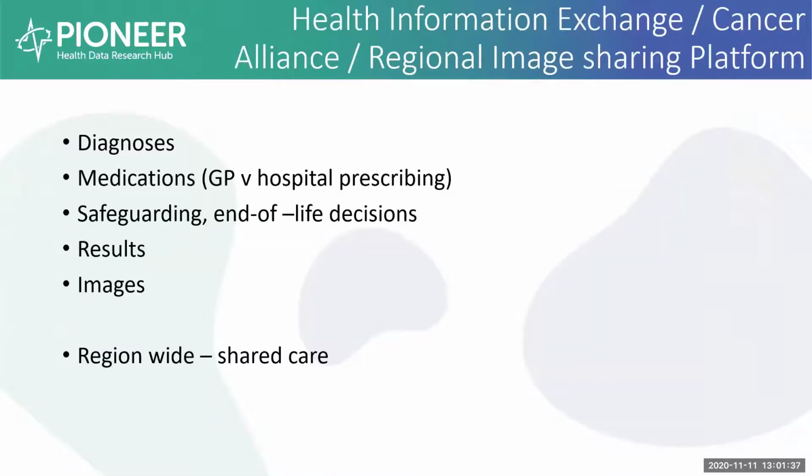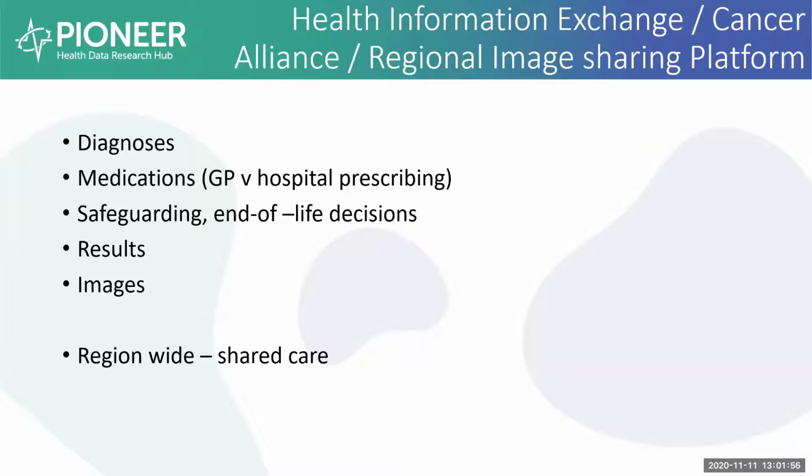And now we are collaborating at the moment on the Health Information Exchange, which is actually one of the most exciting new developments, along with the Cancer Alliance and the Regional Image Sharing Platform. And these projects actually really start to, for the first time, exchange proper data across the whole of the region.